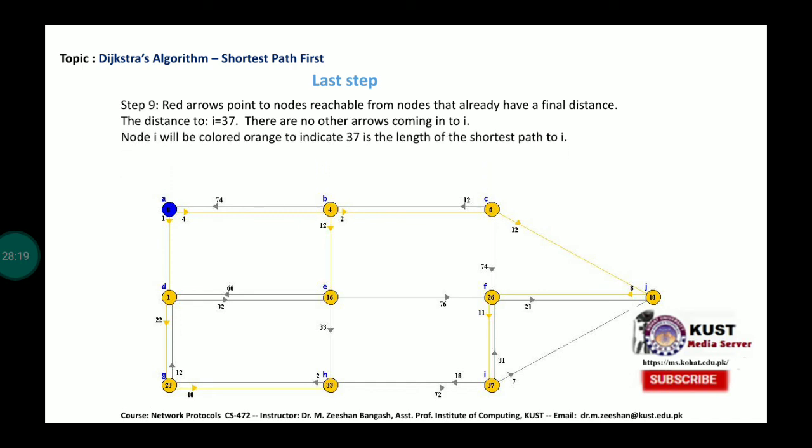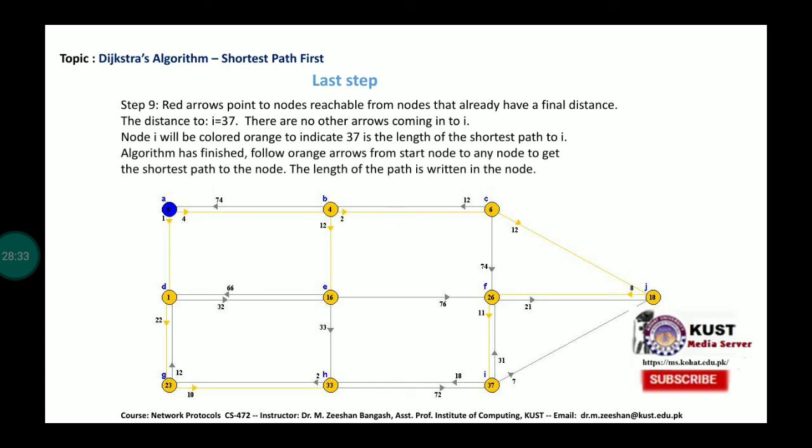So the node I needs to be colored orange, in order to indicate that 37 is the least path distance toward I from the starting node A. And now the algorithm has finished, because there are no other arrows coming from outside nodes.